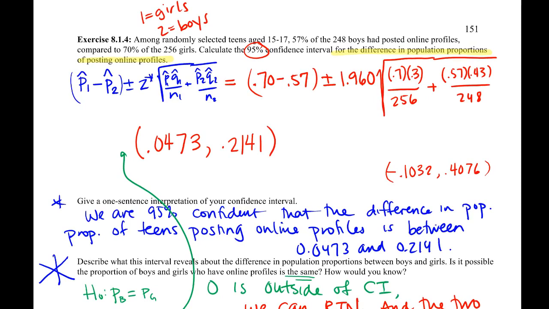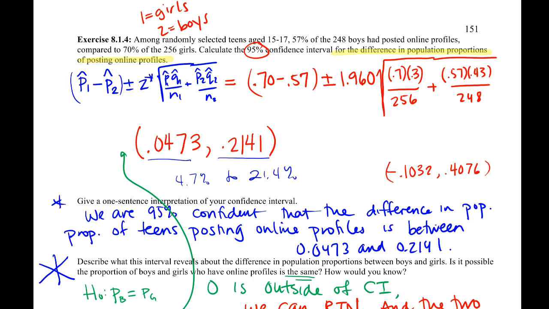This was the example we talked about in class when we were doing the review about duality. So we found the confidence interval for the difference in the two proportions for boys and girls posting online profiles was between 0.0473 and 0.2141. So about a 4.7% to 21.4% difference in those proportions.